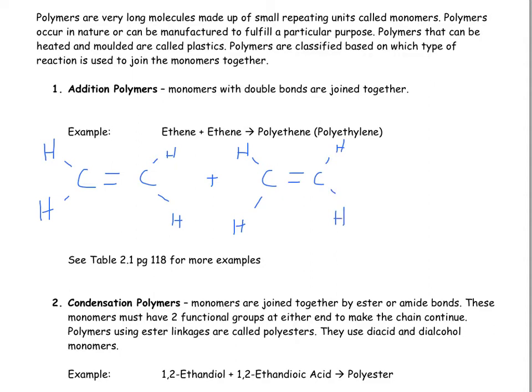Because I'm doing an addition reaction, the double bond will be broken and changed into a single bond on both of the monomers. That means that each of the carbons in the ethenes will be one bond short and looking for something to bond with. If only ethene is in the beaker, they will bond to each other.